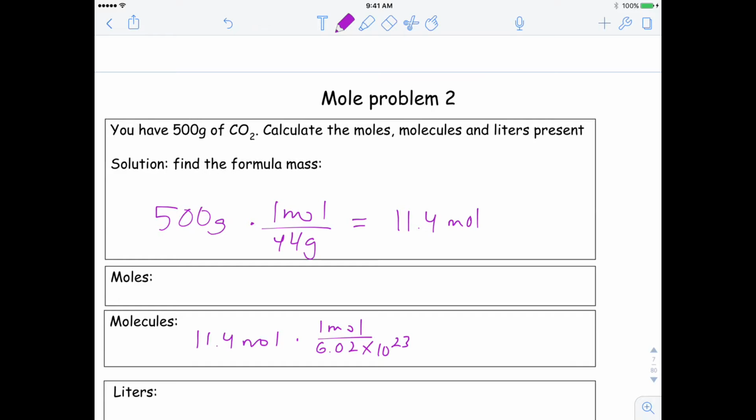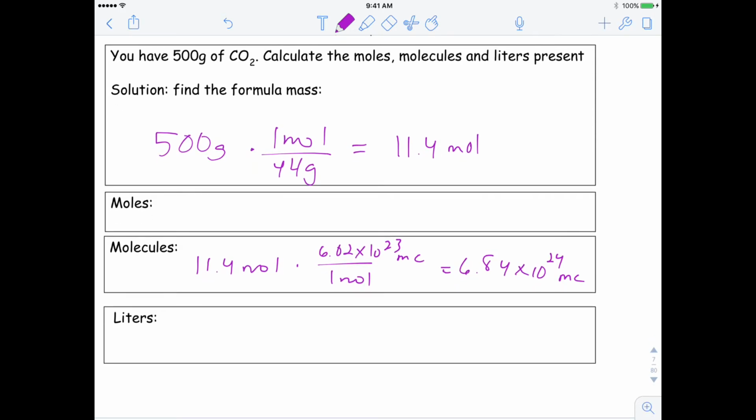That won't work. We need to reverse it. Let's try it again: 6.02 times 10 to the 23rd molecules for every 1 mole. Now I times that by 6.02, and I get 6.84 times 10 to the 24th molecules.